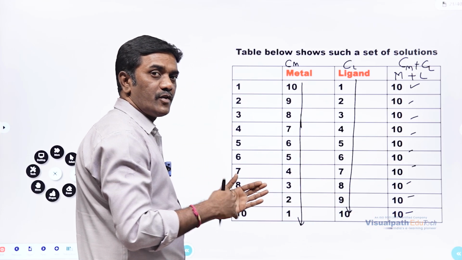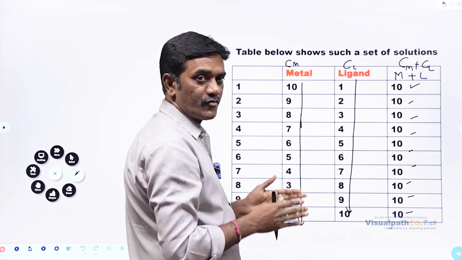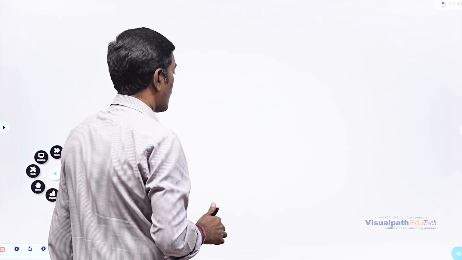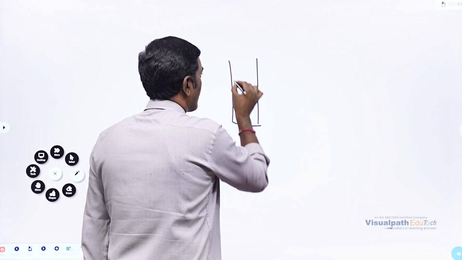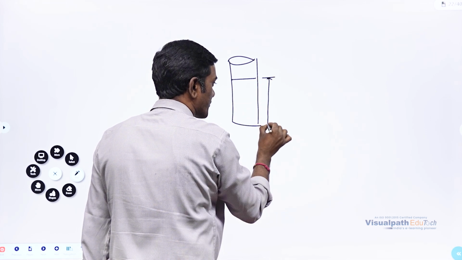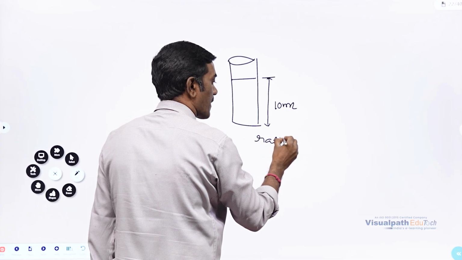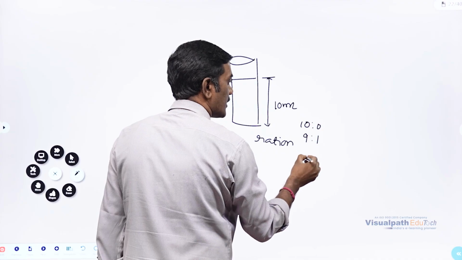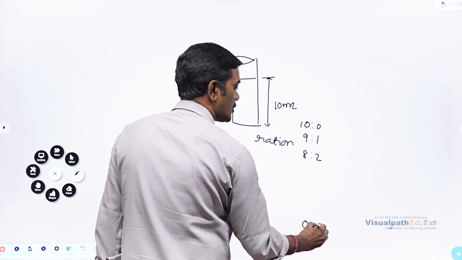In this way we make different solutions with equal volume but different concentrations of metal and ligand. Once we have taken different test tubes with different ratios, this is going to be 10 ml only, but the ratios are different: 10:0, 9:1, 8:2, till 0:10.